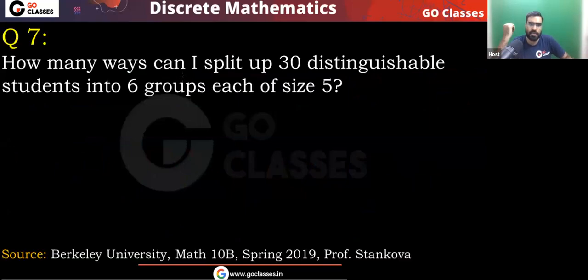How many ways can I split 30 distinguishable students into 6 groups, each of size 5? This is a very simple question. This type of question we have done in class.